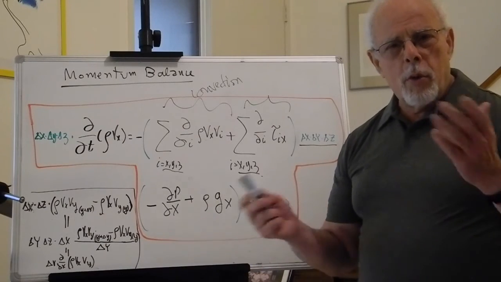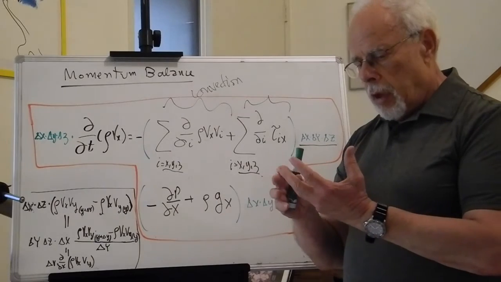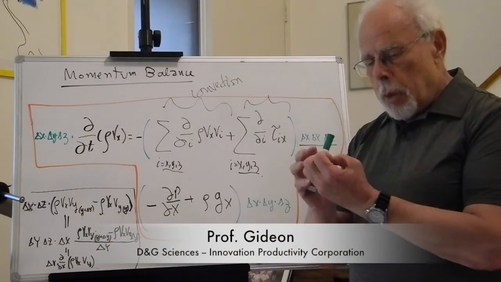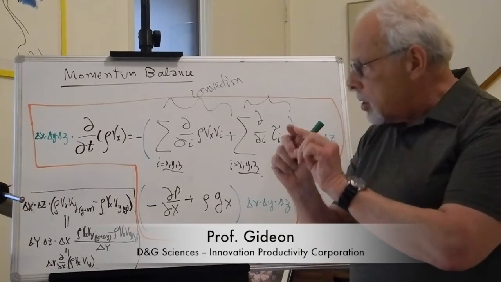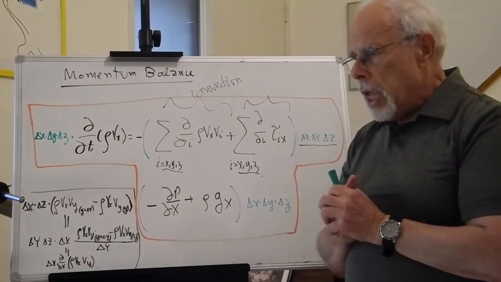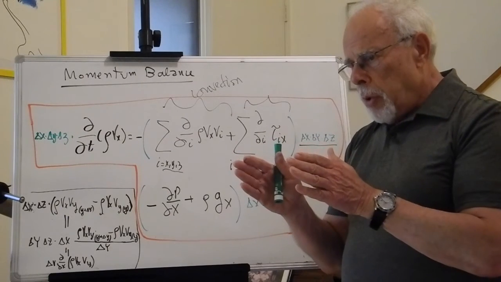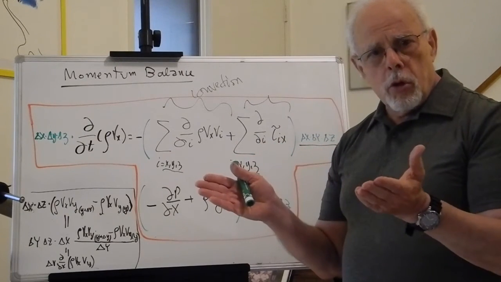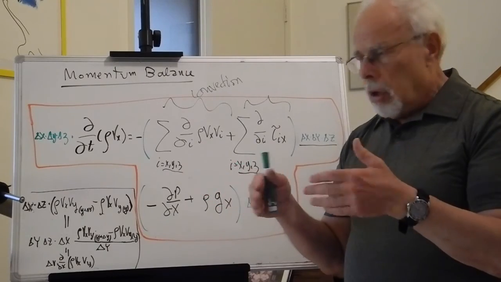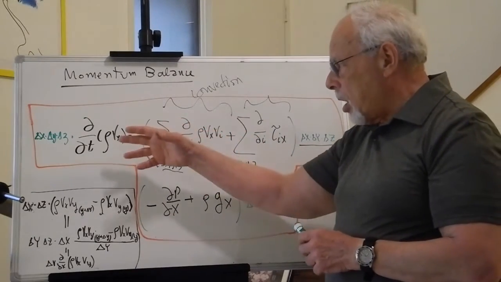Finally, we take all the elements that we accounted for that have an impact on the balance of momentum within this control unit, this volume, this cube, which is our control unit. We put them together and we arrange them according to Newton's law. So, the balance is as such.